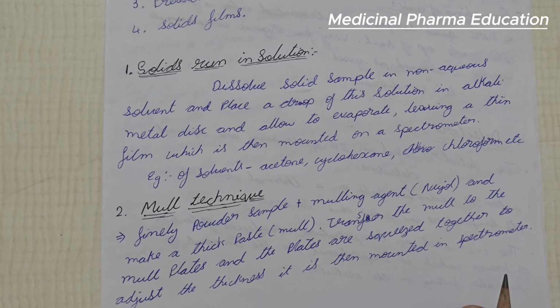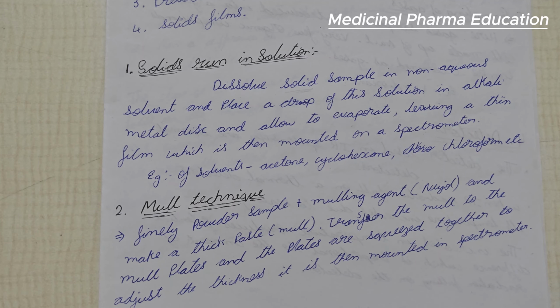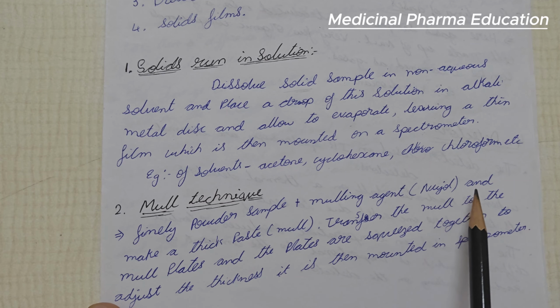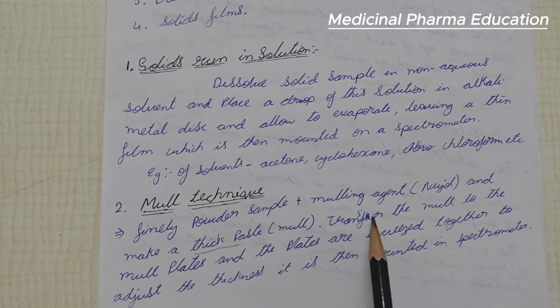The second technique is the mull technique. In this technique, a finely powdered sample and a mulling agent are mixed together to form a thick paste, also called a mull. Then the mull is transferred into the mull plates. The plates are squeezed together to adjust the thickness. It is then mounted on the spectrometer.